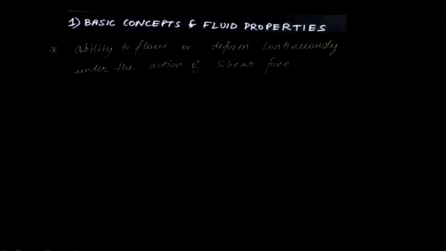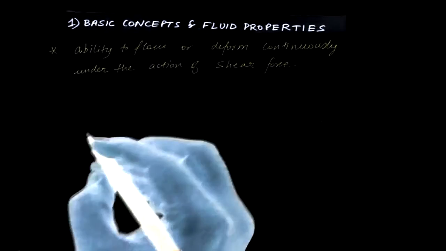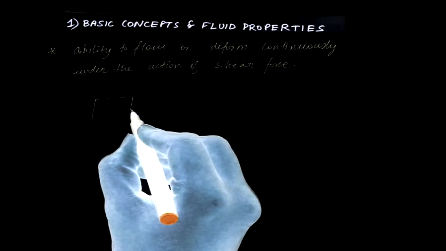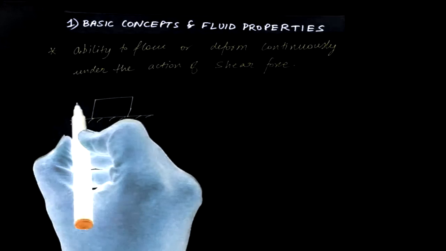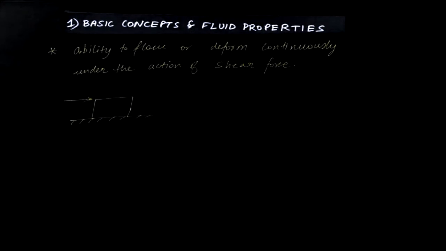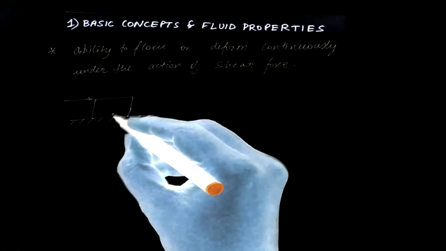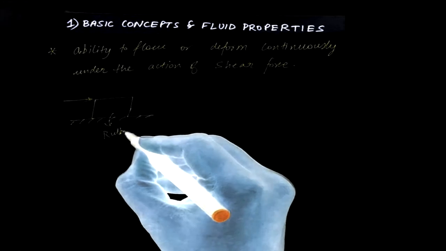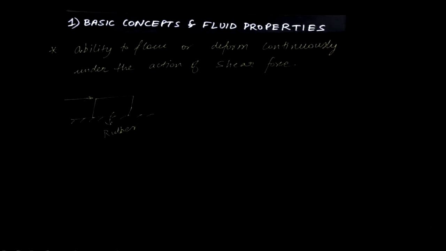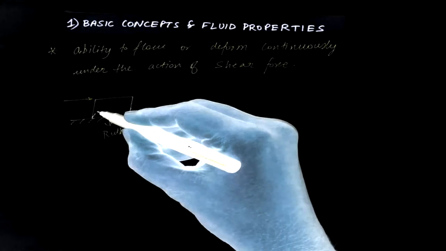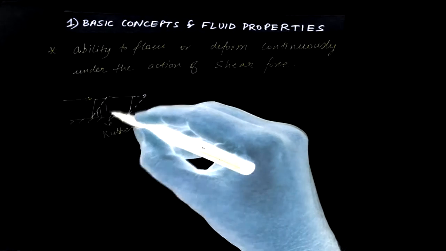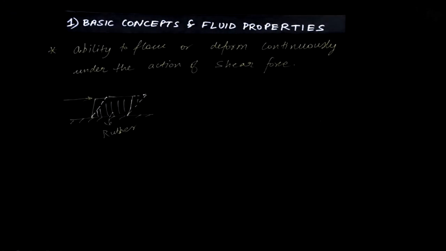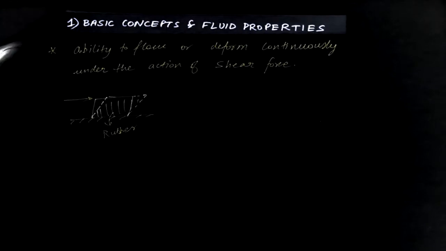Now if we try to understand it, what it is saying is, for example, if you have any object like this placed on a table, and you apply a shear force at this point on the solid object, and let's assume it is made of rubber, then due to its elasticity it will deform something like this. If the shear force has been applied like this, the object will deform like this.